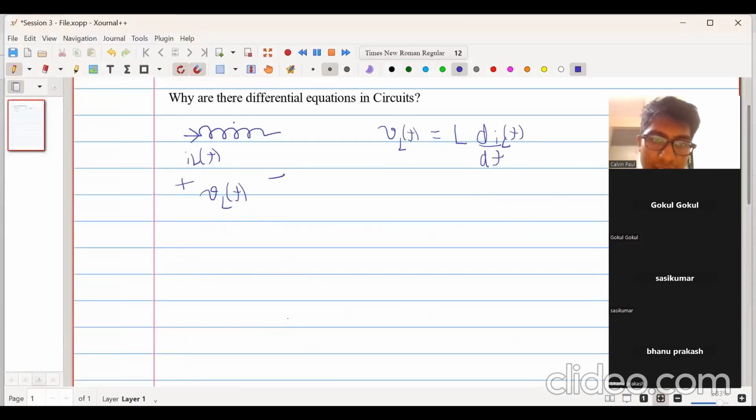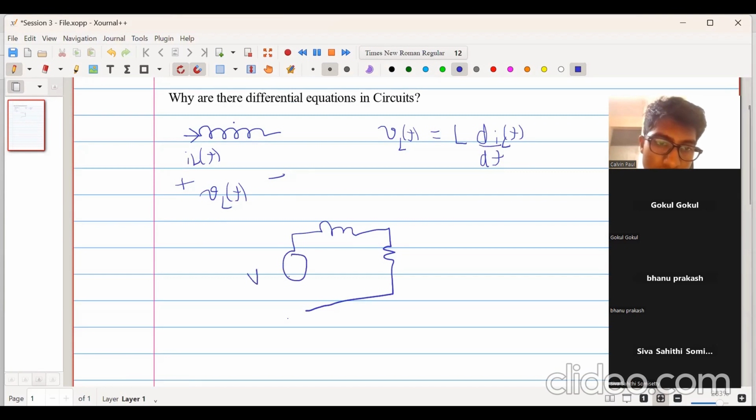Let us consider this. Suppose there is a circuit like this: there is an inductor, a resistor, and a voltage source. Suppose this is the current. Can you tell what the KVL equation will be?